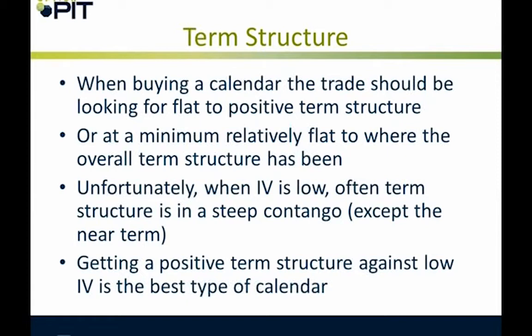Unfortunately, when implied volatility is low, the market is smart and makes up for it by making front near-dated stuff more steep than longer-dated stuff. That term structure we talked about. The quiet market. Getting a positive term structure against a low implied volatility is going to be the best way to set this stuff up.